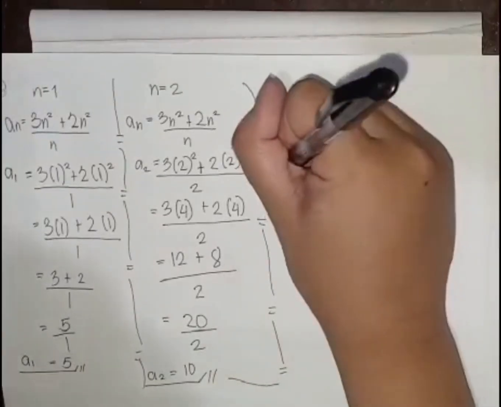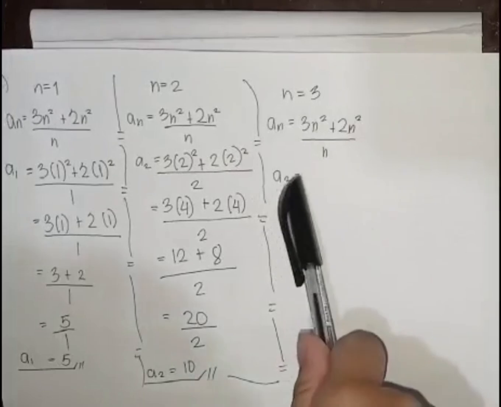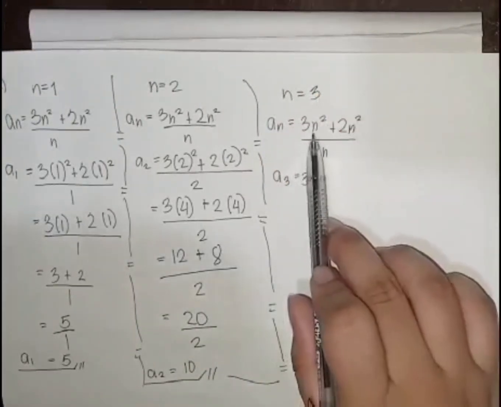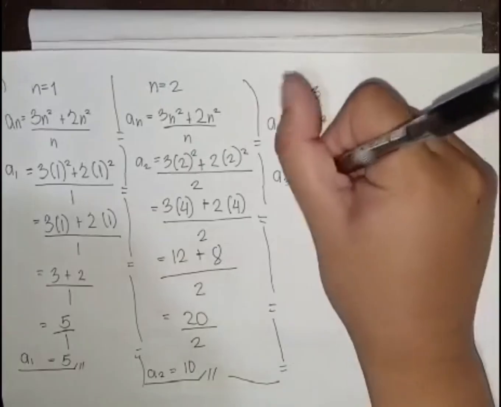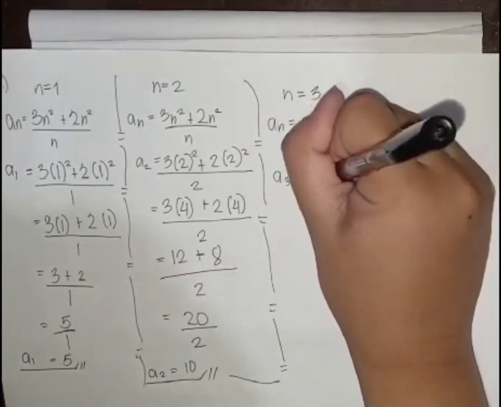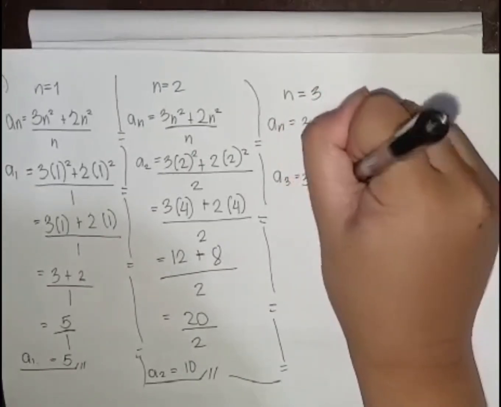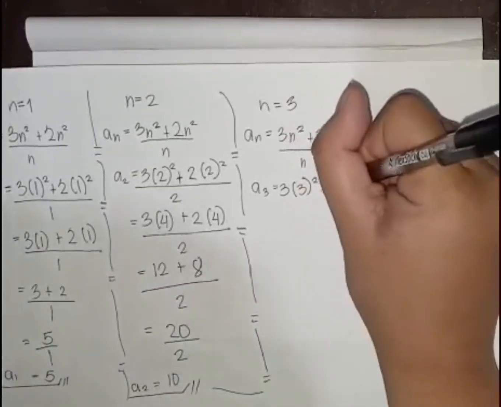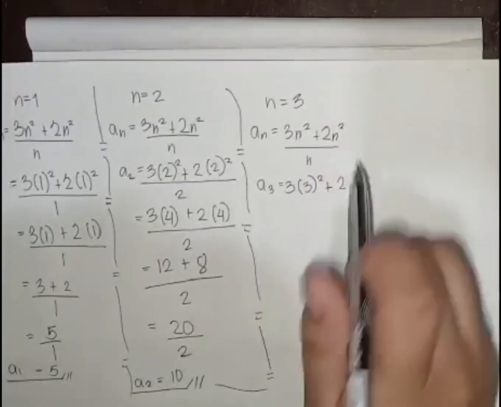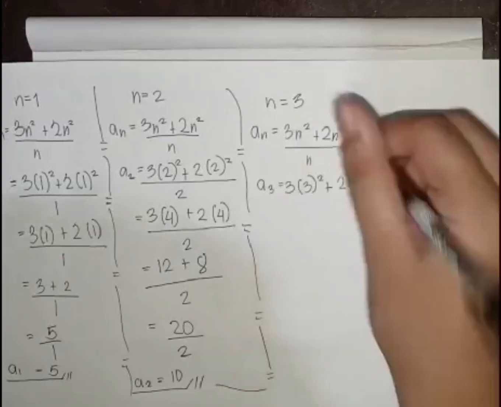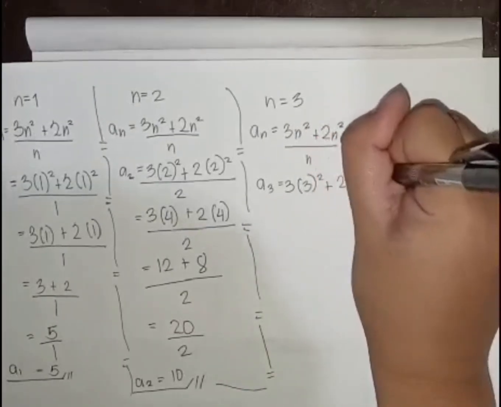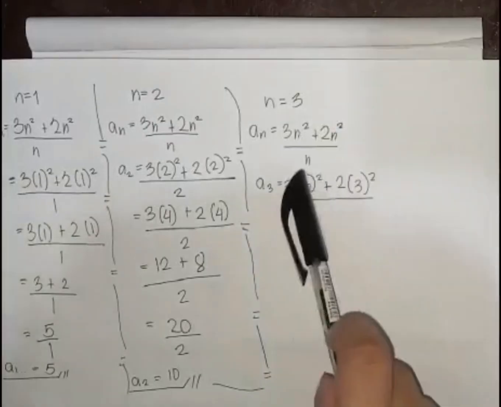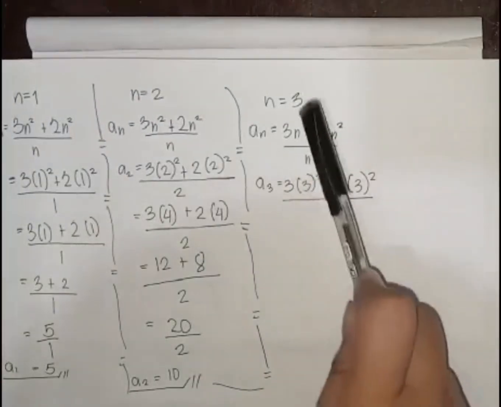So, a sub 3 is equals to 3 times the value of our n, which is 3, raised to 2 plus 2, and the value of our n is 3 raised to 2 over the value of our n, which is 3.